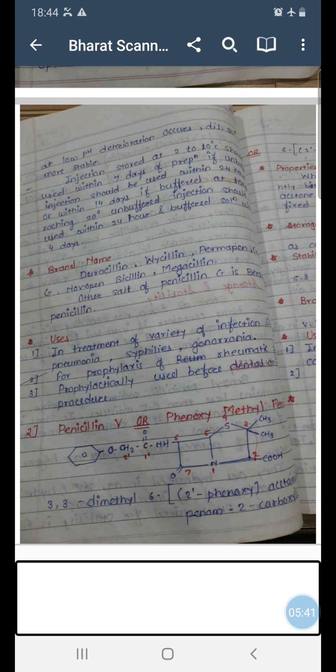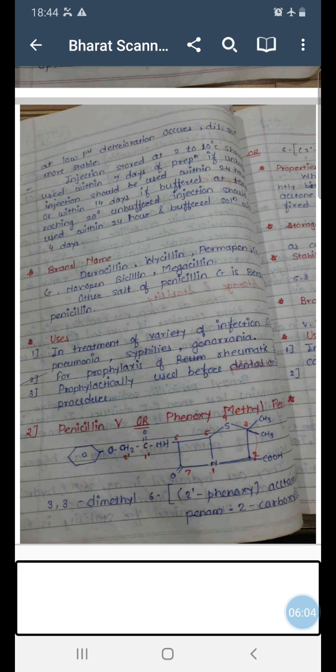Now here, CH2 C double bond O NH, this particular group you can write as acetamido, as it is coming from acetamide. Okay, so the group attached at position 6 is acetamido.